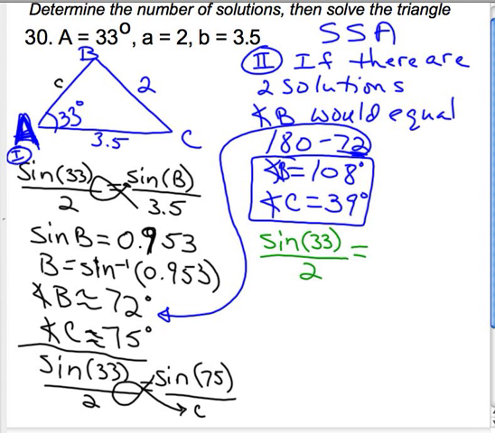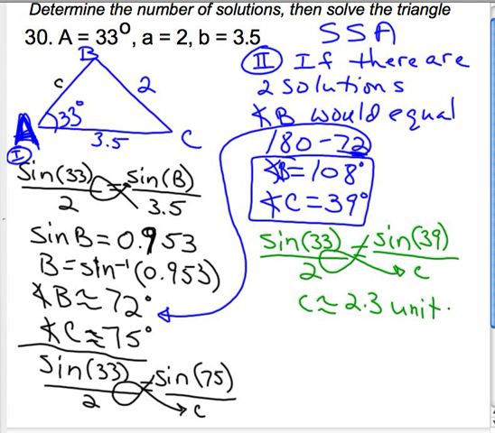But this time, angle C is 39. So I'll take the sine of 39 divided by side C. I'll cross multiply and divide: sine of 39 times 2 divided by the sine of 33. And I'll have side C, and side C is approximately 2.3 units.